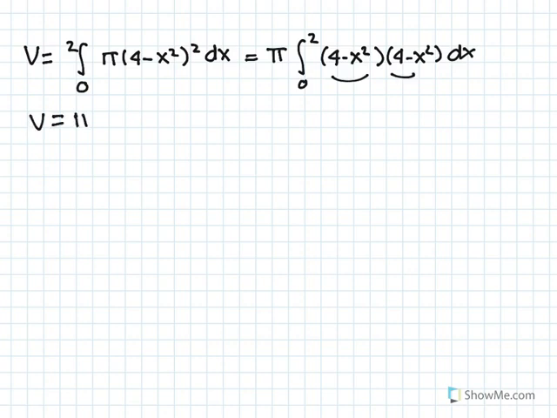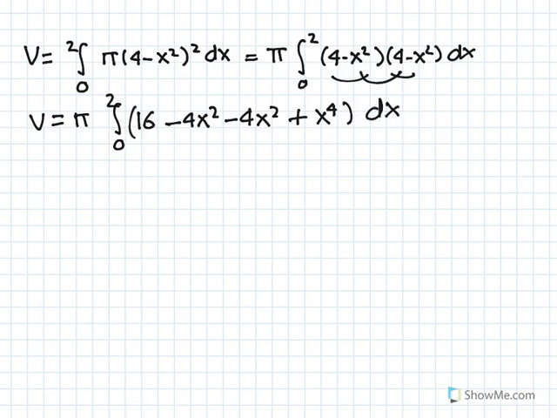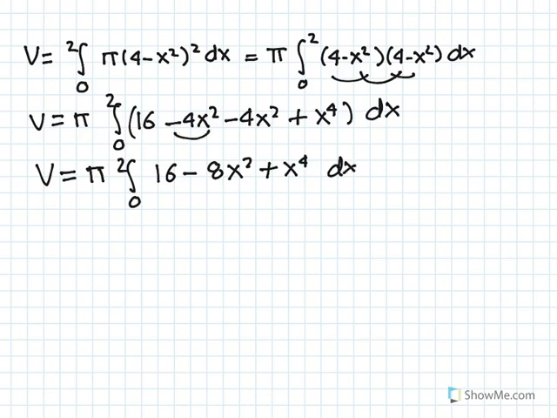Volume is equal to pi, integral from 0 to 2, 4 times 4, that's 16, minus 4x squared, minus 4x squared, plus x to the fourth, minus times minus is plus. And let's simplify this and integrate with respect to x. Volume is equal to pi, integral from 0 to 2, 16 minus 8x squared plus x to the fourth. Adding these two, minus 4x squared, that's minus 8x squared.